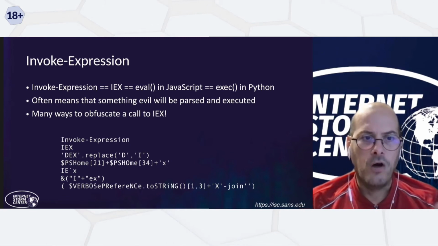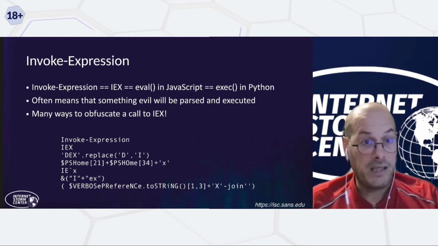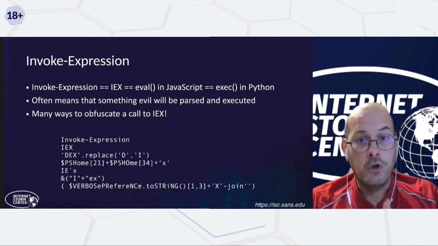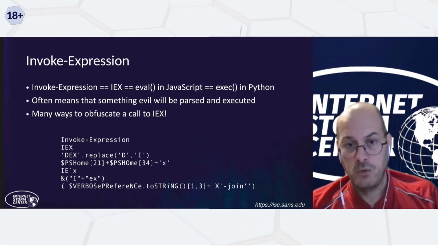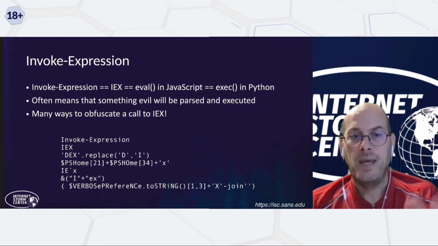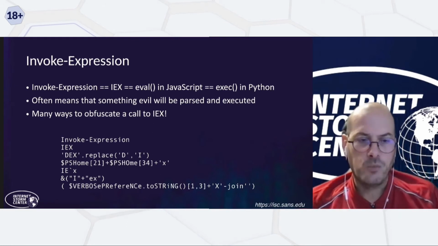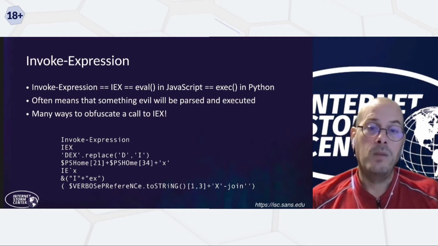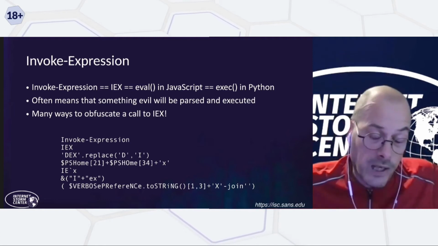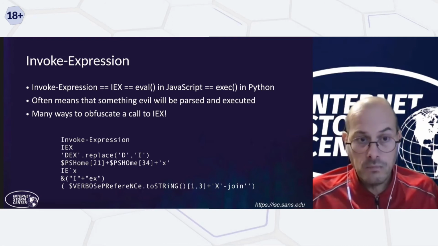The goal of this command is the same in JavaScript, Python, or PowerShell: to evaluate, so to parse the string that you provide as an argument and to execute it. So if you have Invoke-Expression or eval in JavaScript, the parameter that you pass is most of the time a string, and this string contains some piece of code.